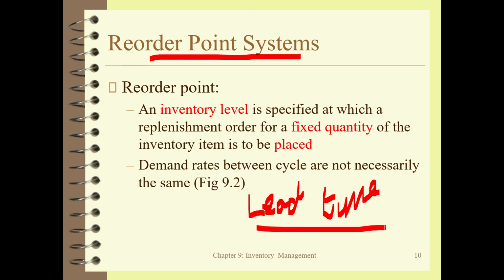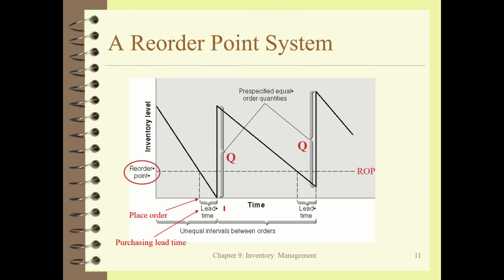We need some time before the item comes to our place after we place the order. You can see here that the inventory is reduced to 0. If we place the order here, we have to wait until here before the inventory goes up. So during this time, our stock will run out and the customer may not be happy.